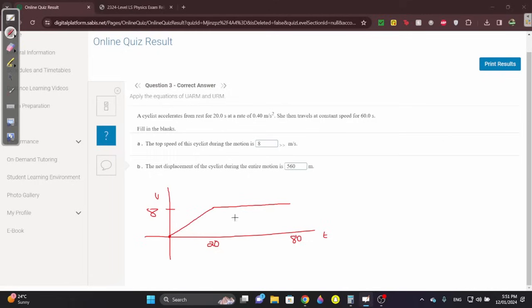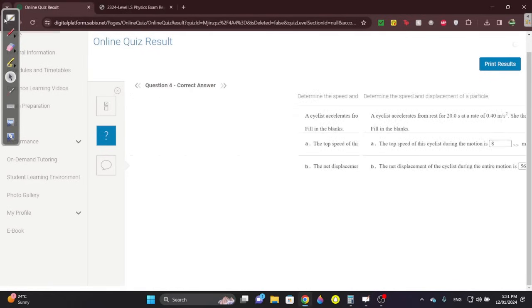You don't have to know this. But it's a trapezoid, so the area of the trapezoid is 80 plus 60 over 2 times 8, and you should get 560. This is just the solution if you want. I thought it would come.